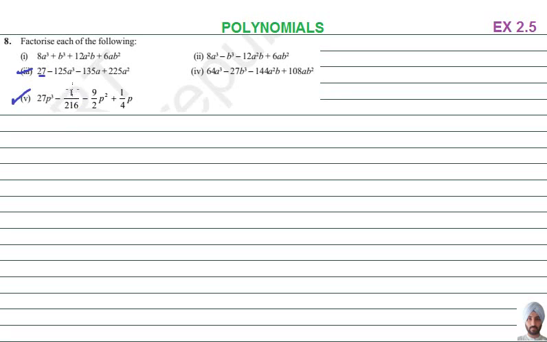So 1 cube is 1, 216 is 6 cube. That means I can write 1 upon 216 as 1 upon 6 whole cube. Okay. So here we have a cube, not a cube, not a cube. Here we have a cube, you can reduce it to a cube also, then not a cube, not a cube. So we have cubes in some of the parts.